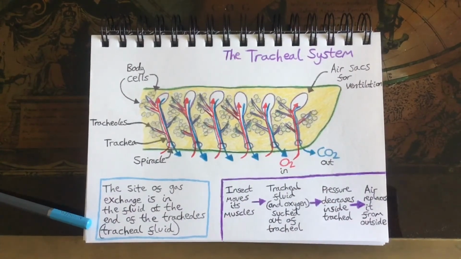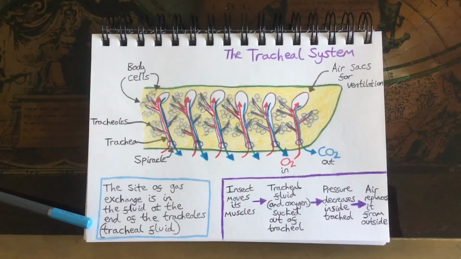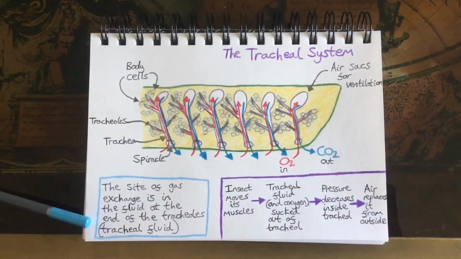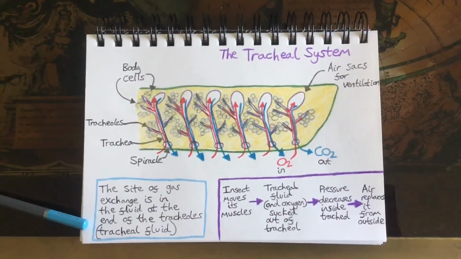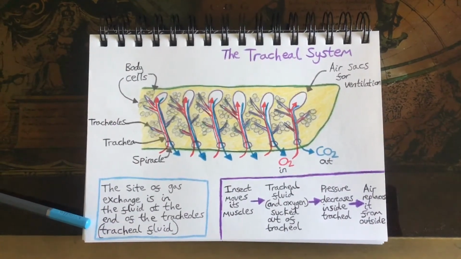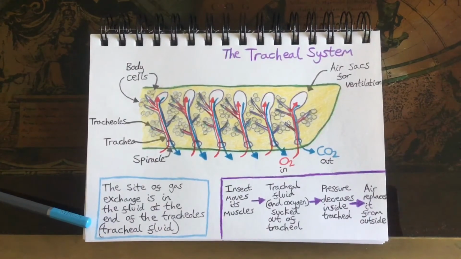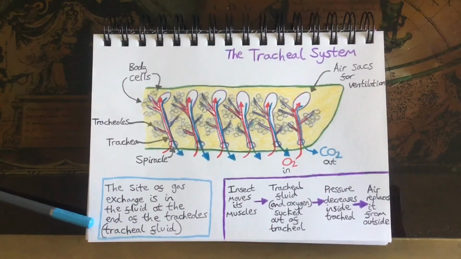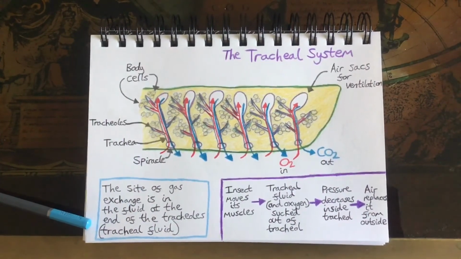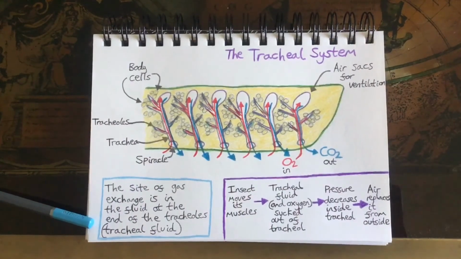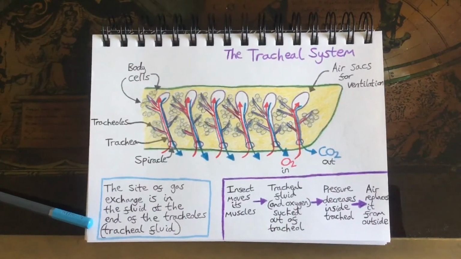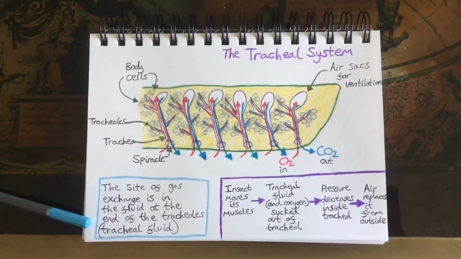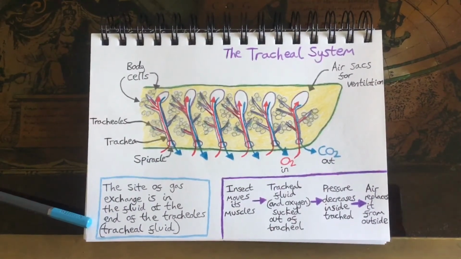So I just want to talk about the air sacs quickly, because obviously they're on the diagram. So some larger insects, such as grasshoppers, have a lower surface area to volume ratio if we compare them to something like an ant. They've also got a longer diffusion pathway into the inside of the organism.